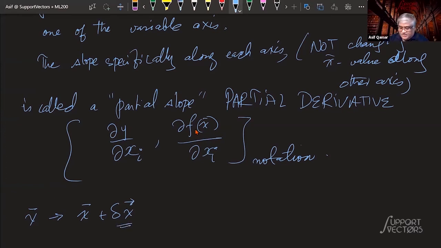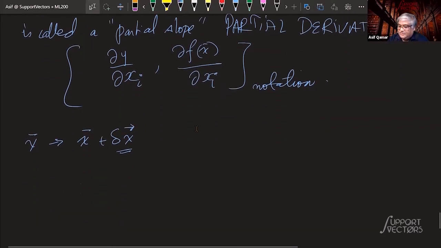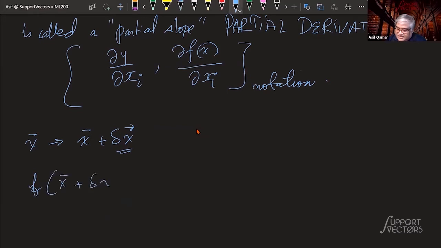How much change do I get? It is worth asking, what is the value of the function at x plus delta x?